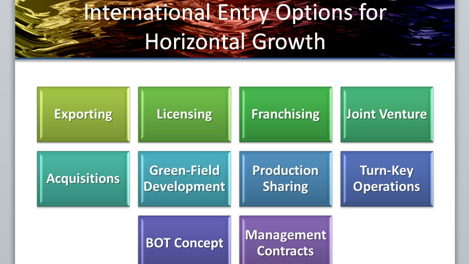Let's go back to greenfield development. If a company doesn't want to purchase another company, because that takes a lot of money and there are a lot of problems to deal with, it may choose greenfield development and build its own manufacturing plant and its own distribution system. So this is really doing it yourself.